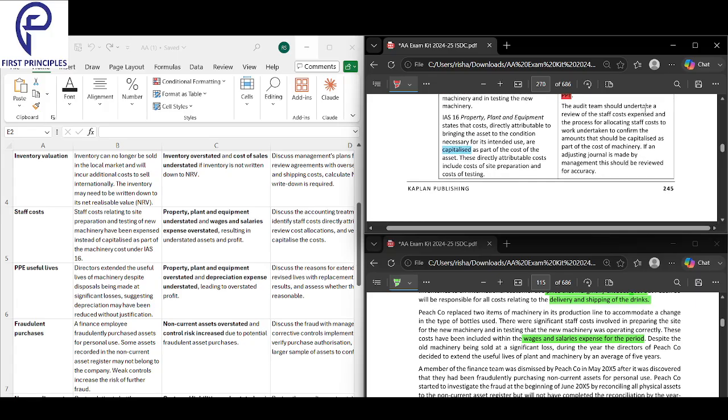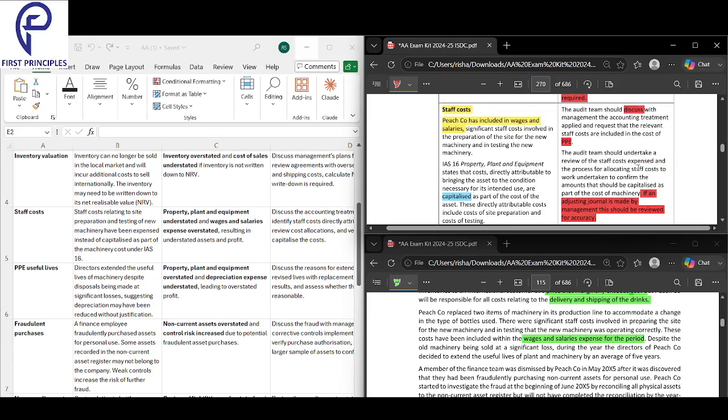If an adjusting journal entry is made, you should review the accuracy of that journal entry. When you tell them to do it, they will do it, and on doing it, they will put a journal entry. You review that journal entry also.